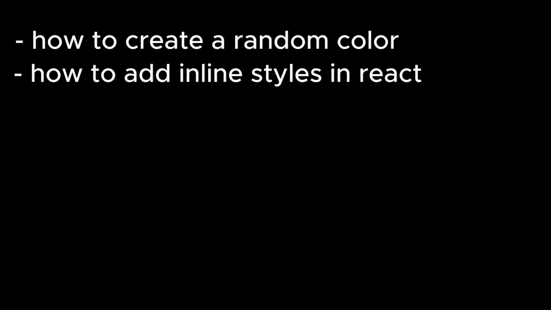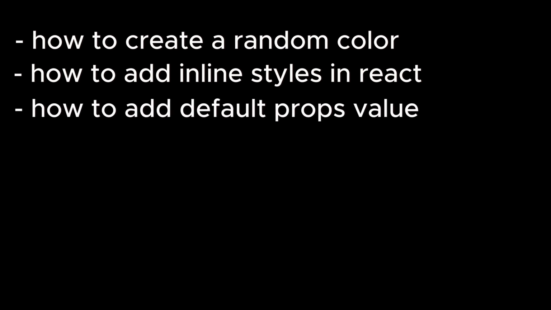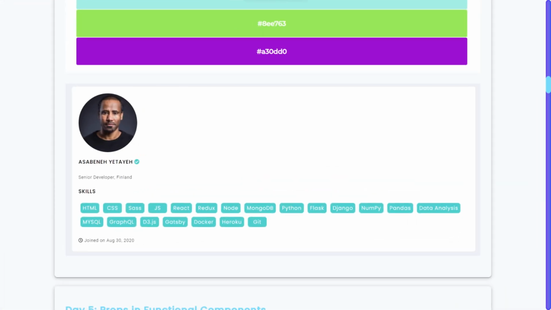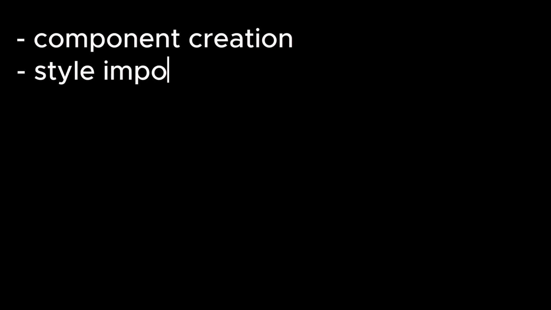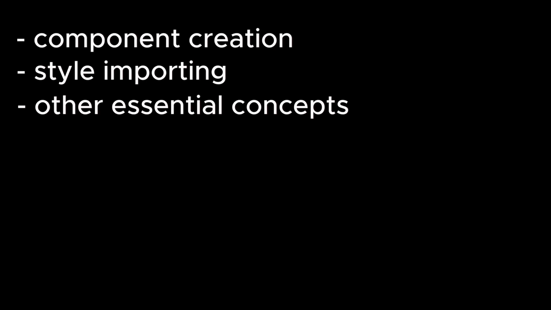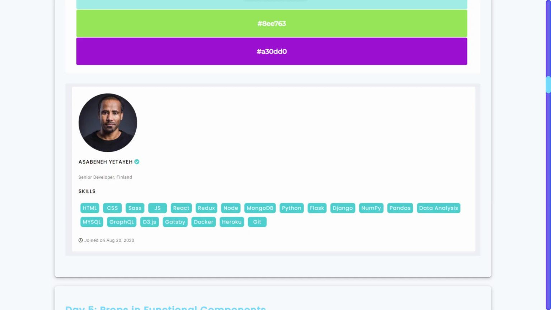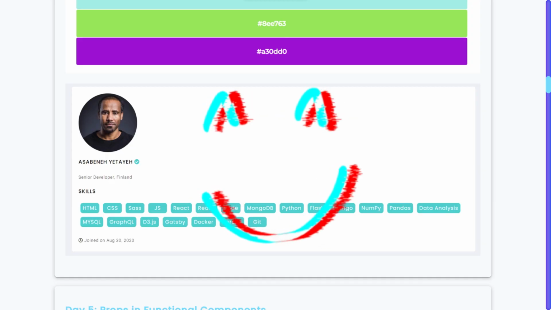Now we know how to create a random color, how to add inline styles in React, and how to add default props values. Our final task will bring together everything we have learned so far. Since we have already covered component creation, style importing, and other essential concepts, I will implement this component accompanied by some delightful music.